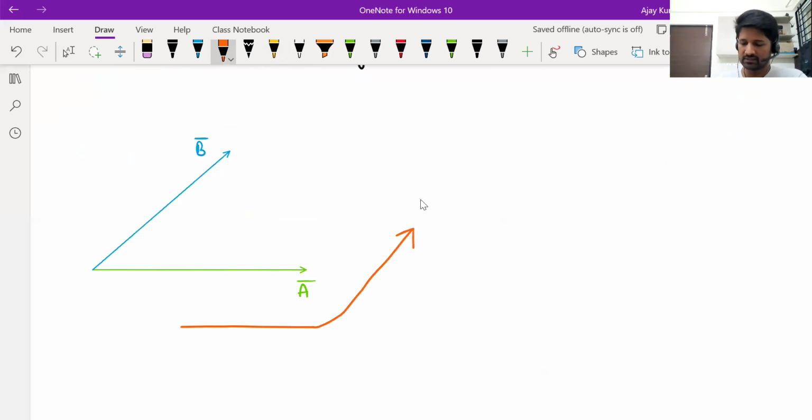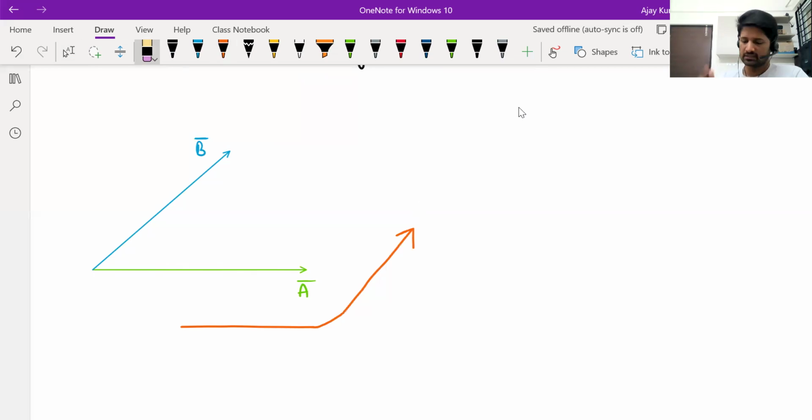So now you see there is a sense of rotation, a turning that you're taking. Now tell me, this sense as seen by you, is it clockwise or anti-clockwise? Anti-clockwise.